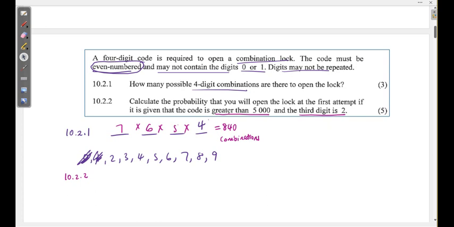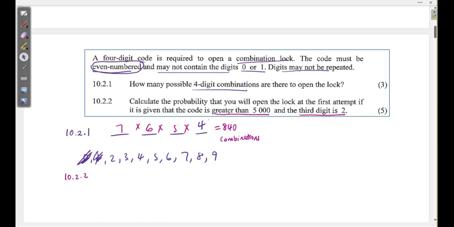So yes, we can get the number of ways first, and then from there we can calculate the probability. Quite an interesting question.